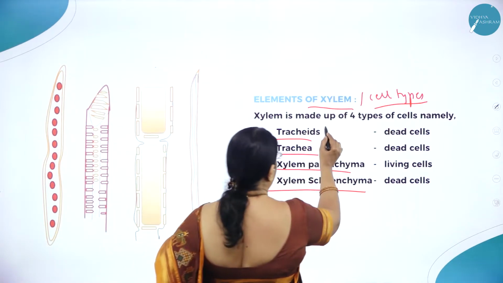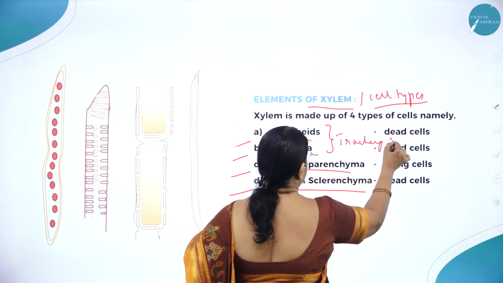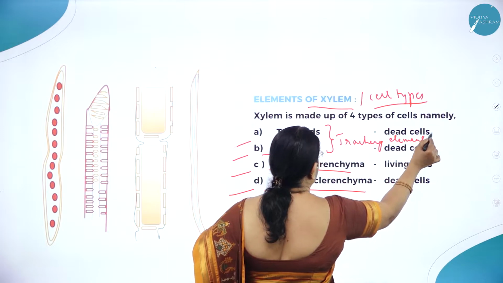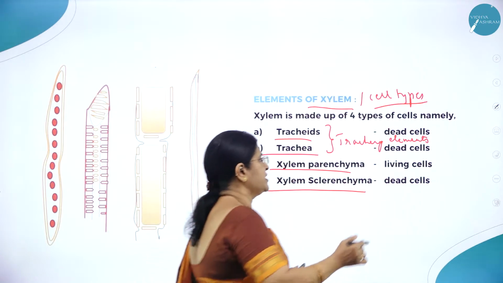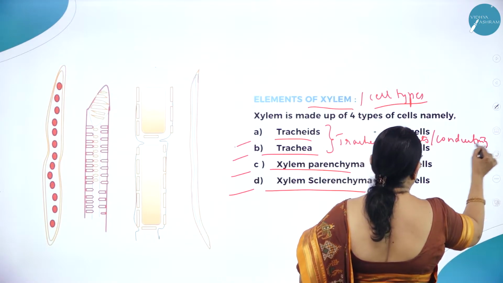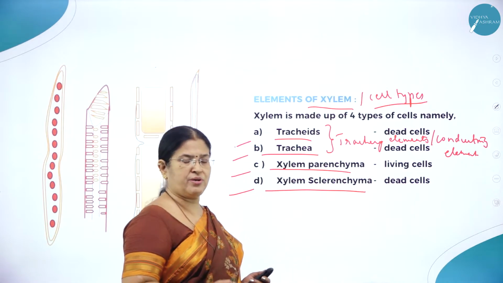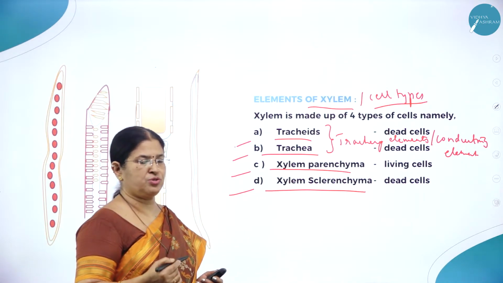Tracheids and trachea together are called tracheary elements. They are called tracheary because they are also called conducting elements. Why are they called conducting elements? These are the ones which transport water and dissolved mineral solids from downwards to upwards.